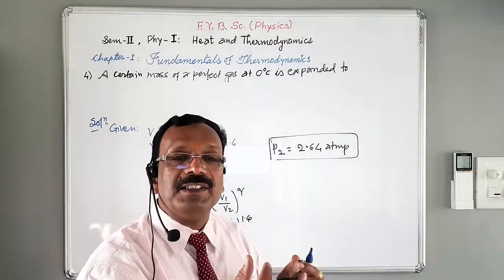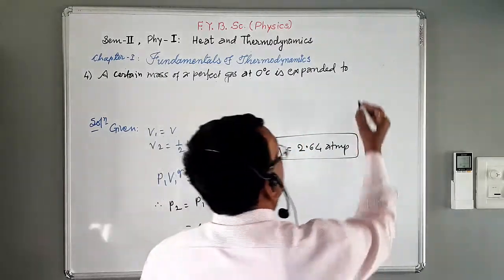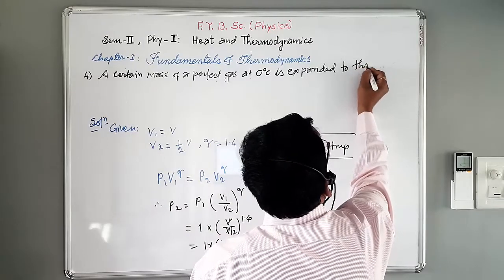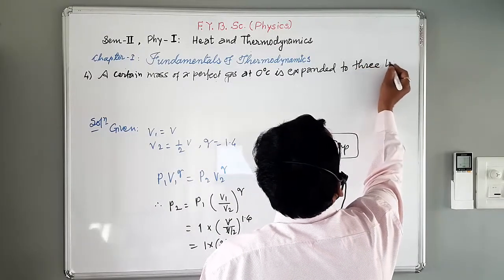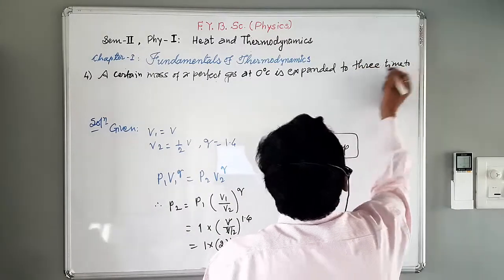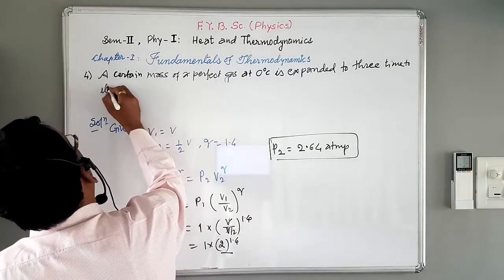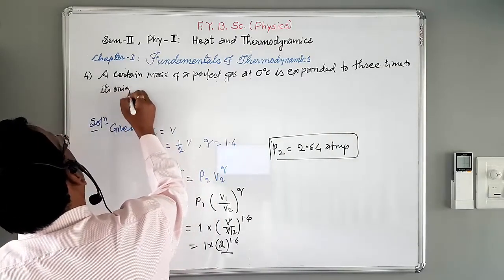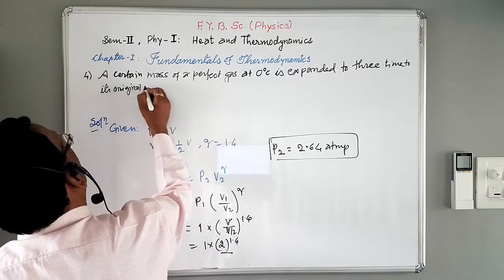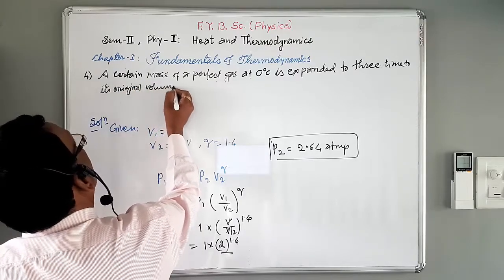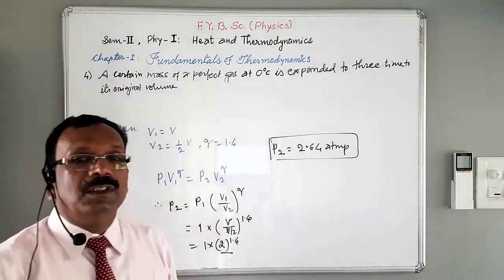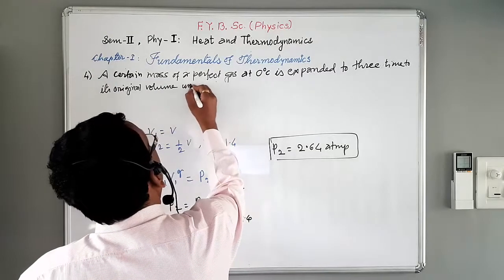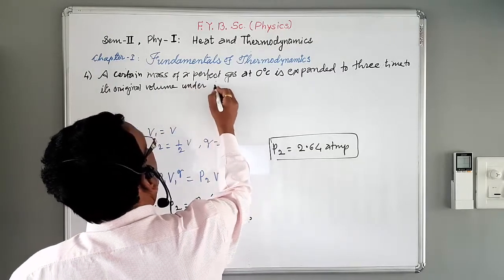We know that in expansion the volume goes on increasing, so it is expanded to 3 times its original volume under adiabatic condition.